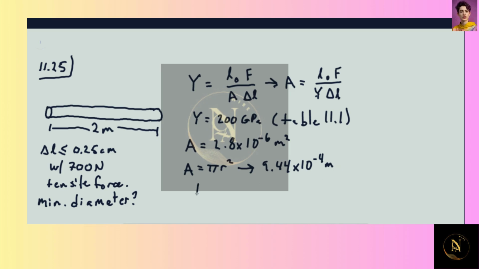And then the diameter is just twice this. And so it's 1.9 times 10 to the negative 3rd meters, or about 2 millimeters.